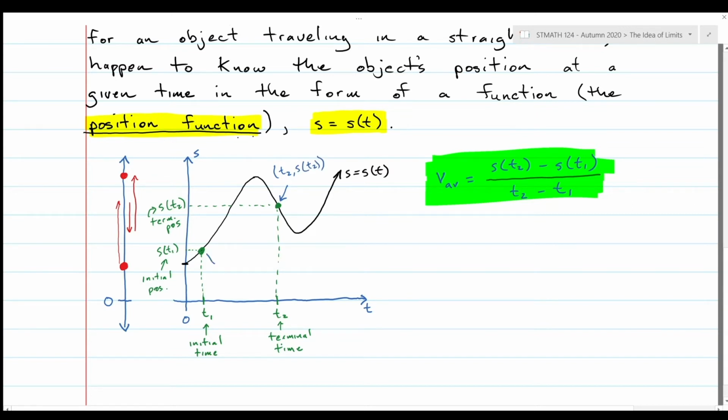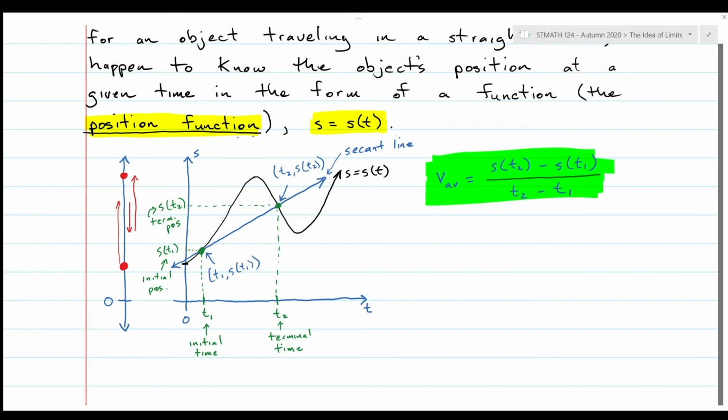Similarly, corresponding to the initial time, the point on the graph would be t1, s of t1. Now, look at the line that goes through those 2 points on the graph. By the way, that line is called a secant line to the graph. A secant line is a line that goes through 2 separate points on the graph of a function. So we could look at what the slope of that line is.